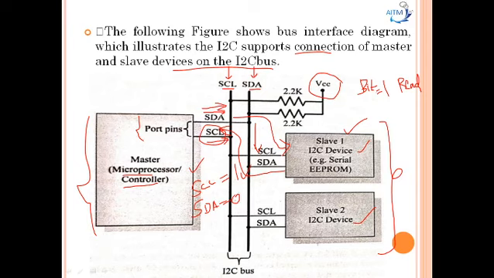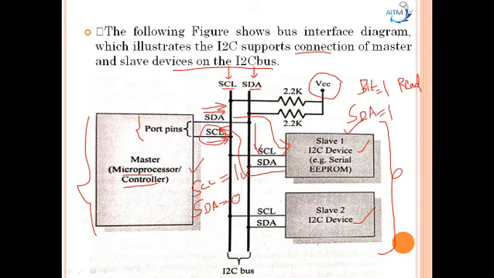In the next step, the master waits for the acknowledgement bit from the device upon byte transfer complete for a write operation, and sends an acknowledgement bit to the slave for a read operation. Finally, the master device terminates the transfer by setting SDA equal to 1.